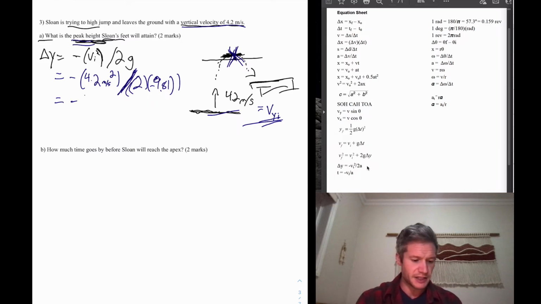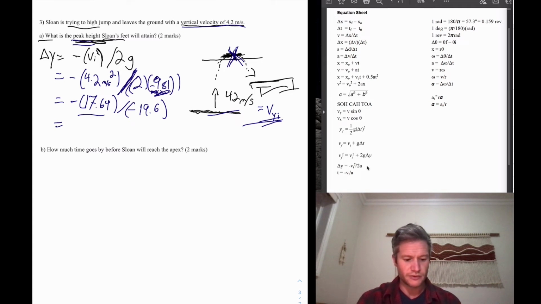So that gives us a negative 17.64 over top of a negative 19.6, again because of the negative on the acceleration of gravity. Once we divide 17.64 by 19.6, both being negative, we get a positive.